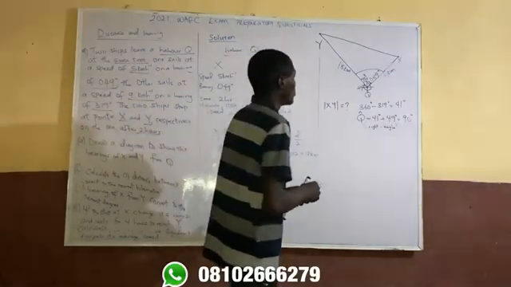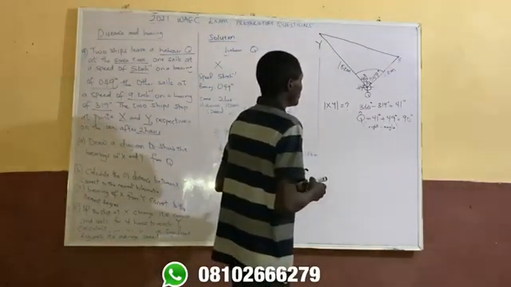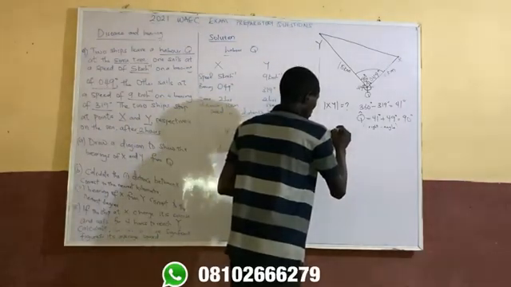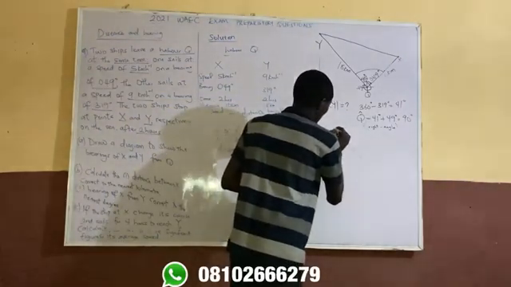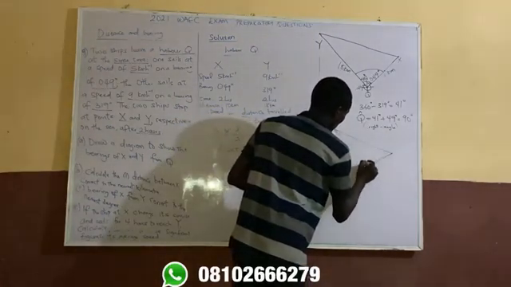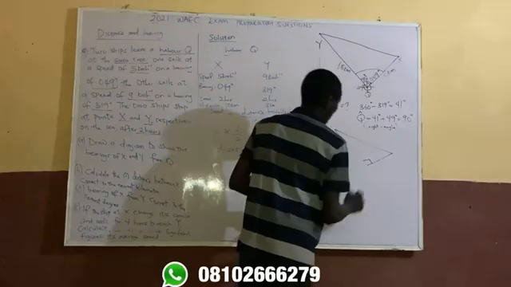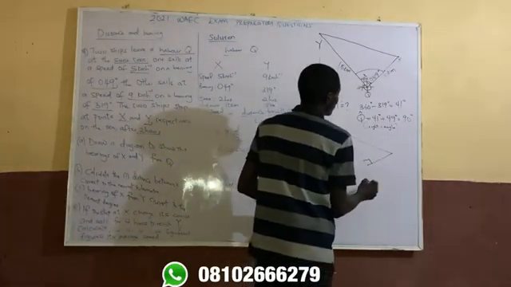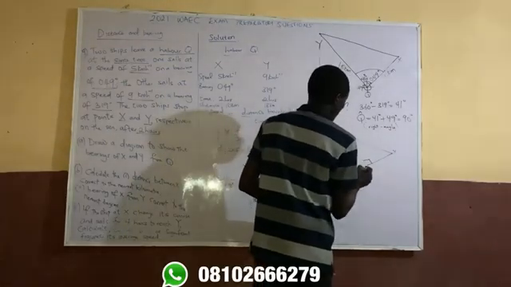From there, you can bring out the triangle. The triangle looks something like this. This place is your angle 90, and this is Y, this is X, and this is Q.